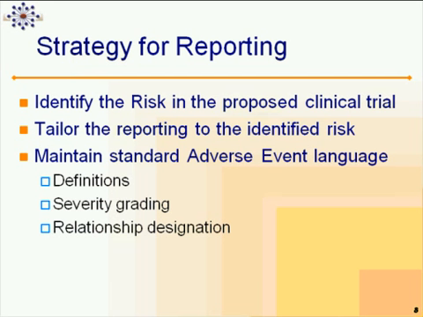We try to tailor the reporting to match the type of risk that we've identified, and we also try to maintain standard adverse event language in the protocol, in the consents, and in the case report forms, so that as we describe the safety events, it's similar to the descriptions that you would see in any clinical trial being conducted.